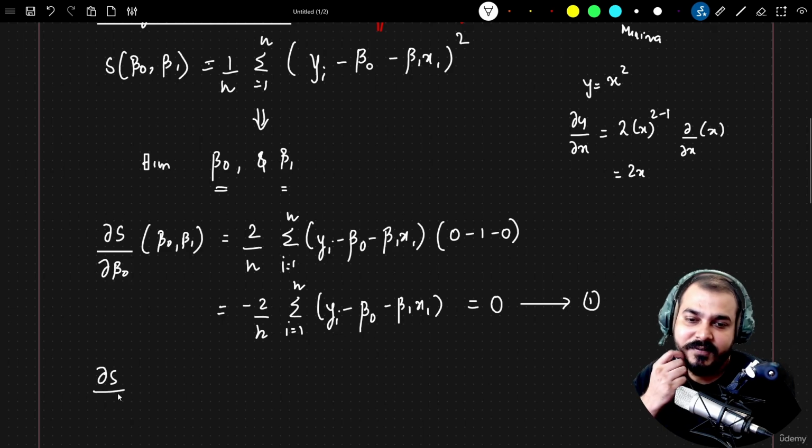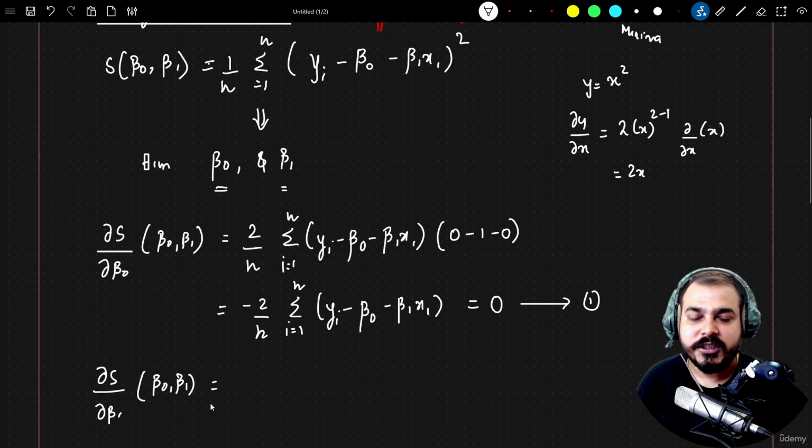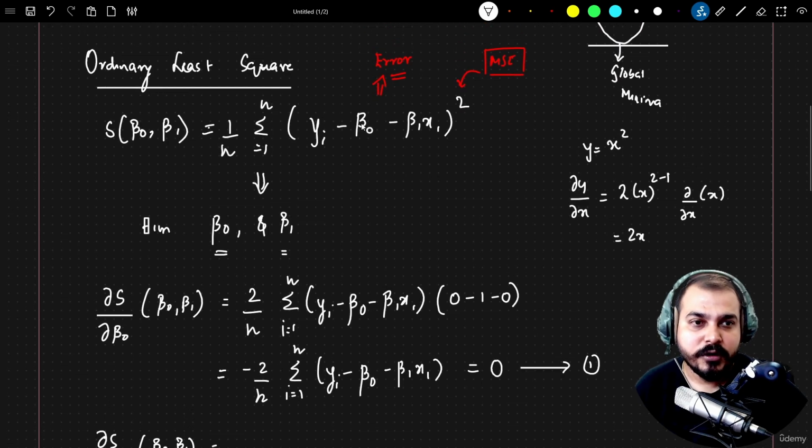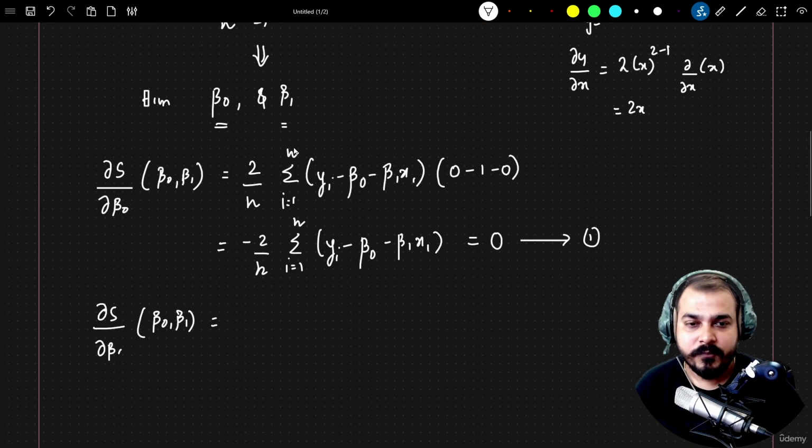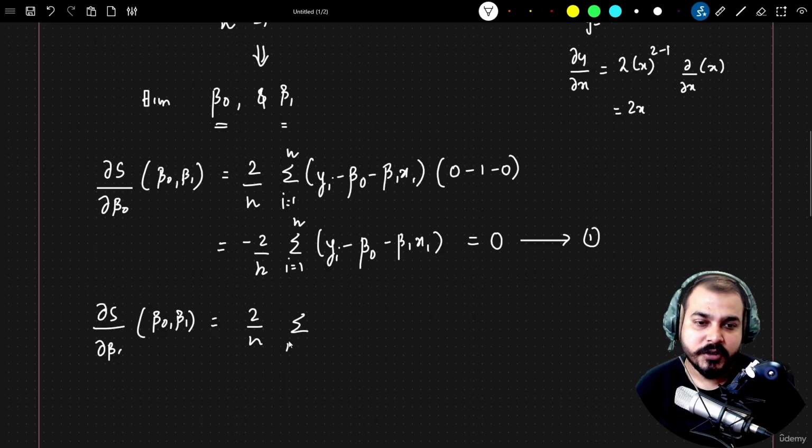Similarly, if I write the derivative of S with respect to beta 1 at beta 0 comma beta 1, here I'm going to find the derivative with respect to beta 1. Then again it will be 2 by n, summation of i equal to 1 to n, and here I will write y of i minus beta 0 minus beta 1 x1.